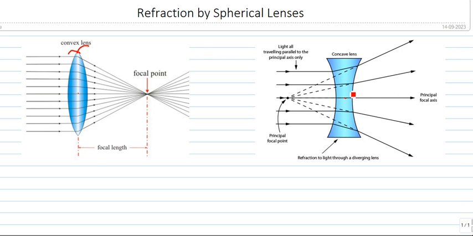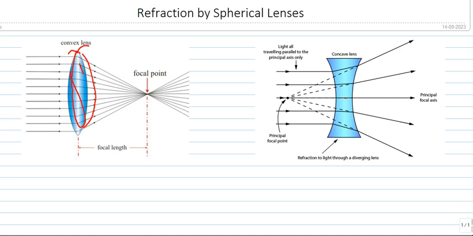Now the diameter of the circular outline of the lens is called the aperture. What we mean by this is, the lens has an outline.